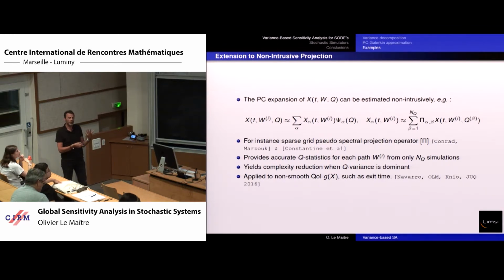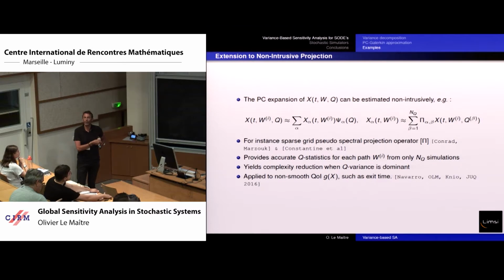And perhaps this is a possibility to better illustrate the interest of going through this polynomial chaos approximation. You see that in this case, to compute the coefficients for a given realization of the Wiener process, you would have to solve NQ trajectories for NQ different values of the parameter. So the complexity here goes from one trajectory to NQ trajectories, but if your approximation is sufficiently converged, then you can query your approximation for any value of the parameter, and so you can resample as much as you want.